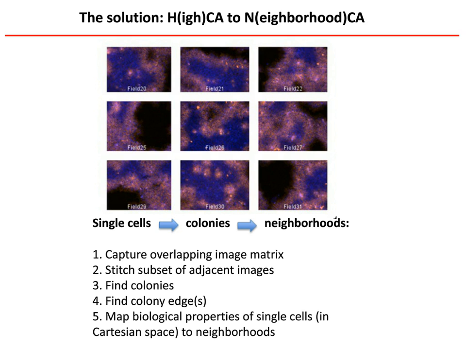The way we address this problem is to capture an overlapping image matrix, to stitch them together into a single image, to find colonies, to find the colony edge, and then to map biological properties of single cells in Cartesian space to neighborhoods.